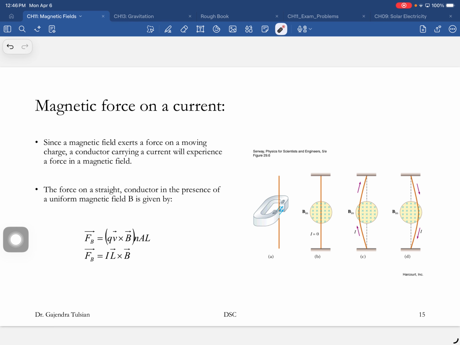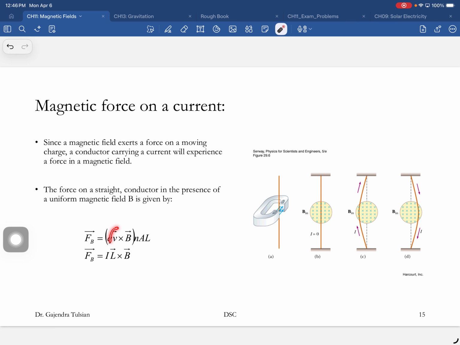So when the current is in that direction and the magnetic field is into the sheet of the paper, the force on the conductor will be in that direction. Notice only the charges that are in the presence of the magnetic field will feel a force. Once the charges are out of the field, they don't feel a force anymore.